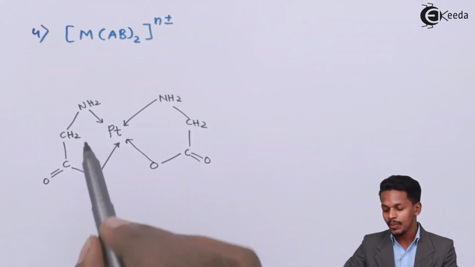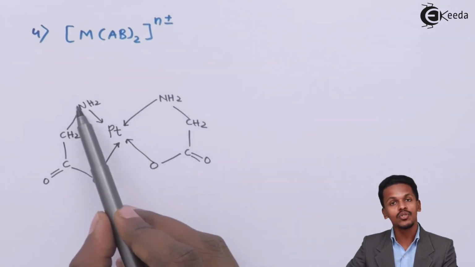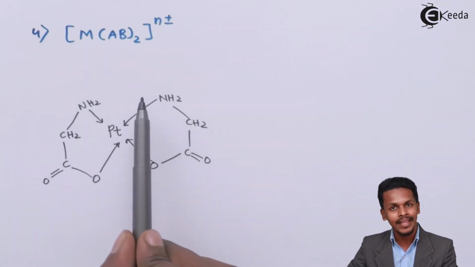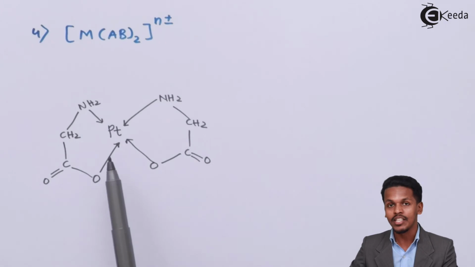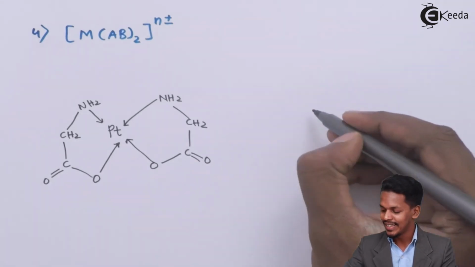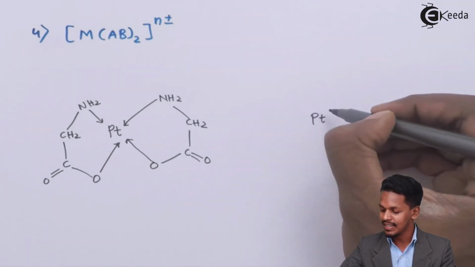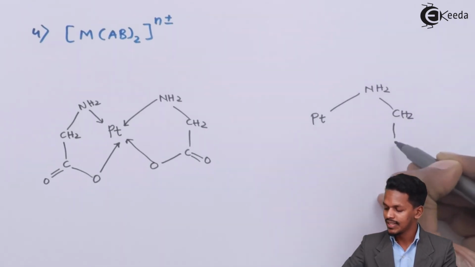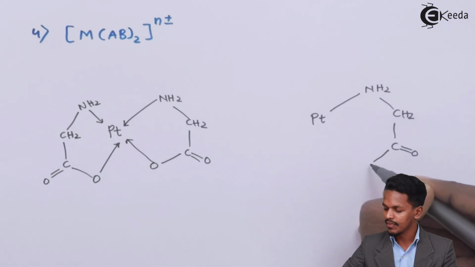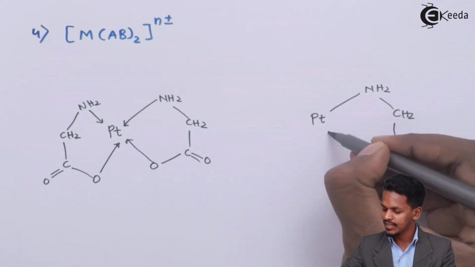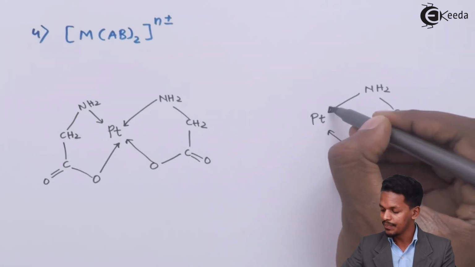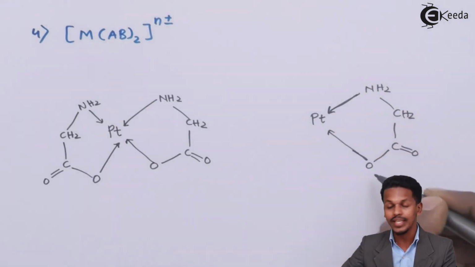But here basically we can find that the NH2 and the NH2 are both on the same side, or both adjacent to each other. But what happens if this formula is converted into this formula, where we have NH2, CH2, C double bond O, O. So this is the lone pair approaching the central metal atom through the nitrogen and through the oxygen.